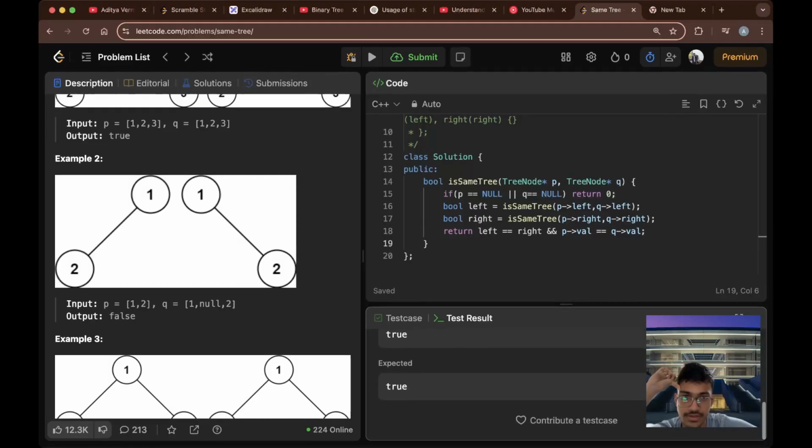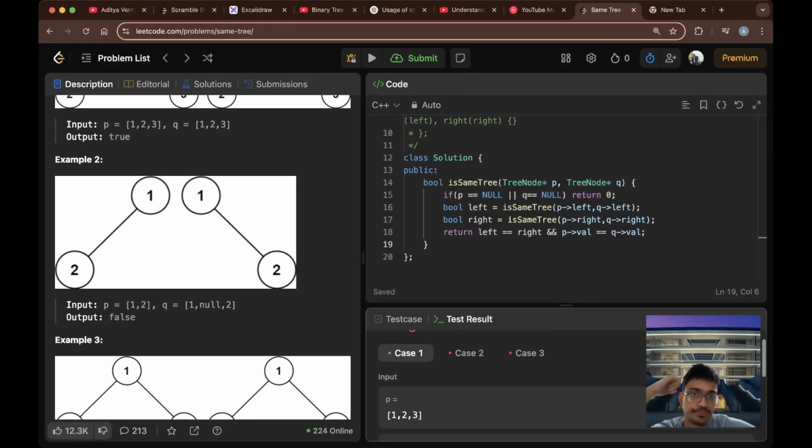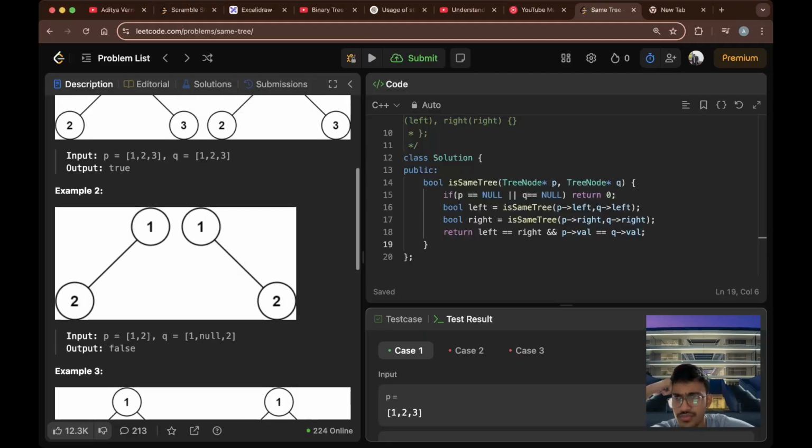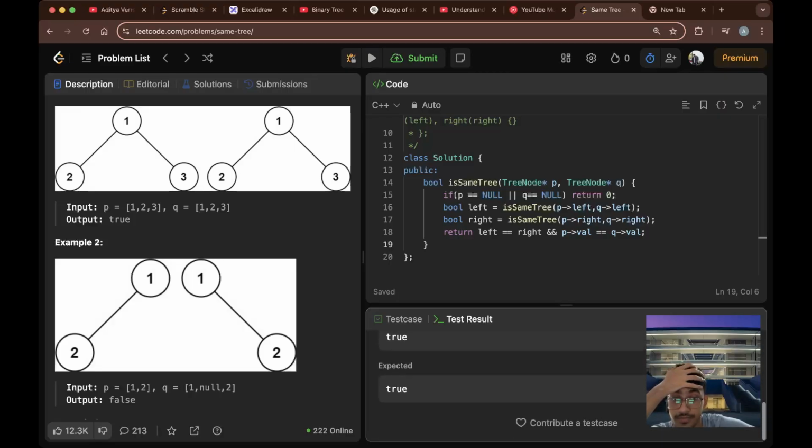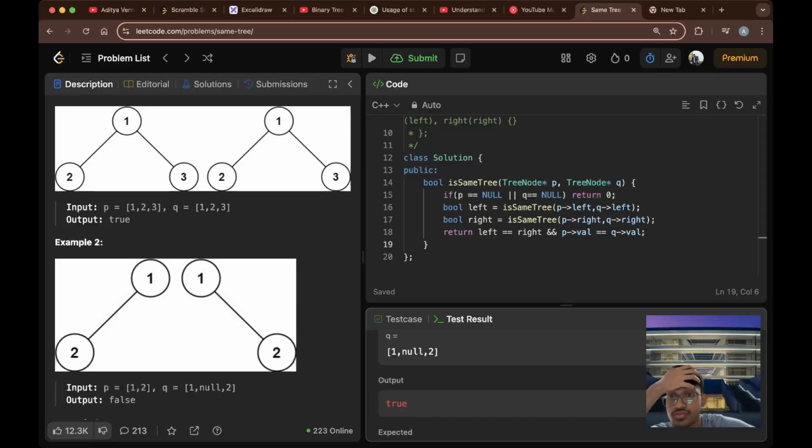So this gives us true. What did I do? Something is wrong. Should not be equal. What should it be? Hmm. Wait. Left is true. Okay, wait.